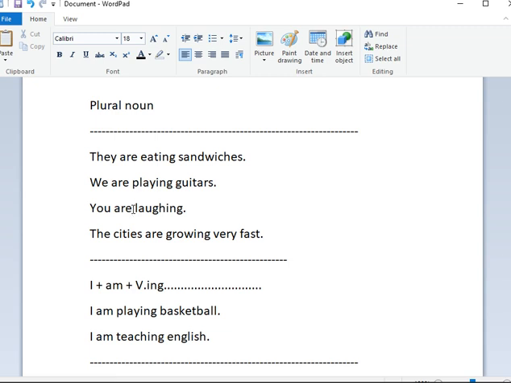For example, you can say the cities are growing very fast. The cities are not growing very fast. Are the cities growing very fast? And for the subject I, the same. Am I playing basketball? For example, you can say I'm not playing basketball.